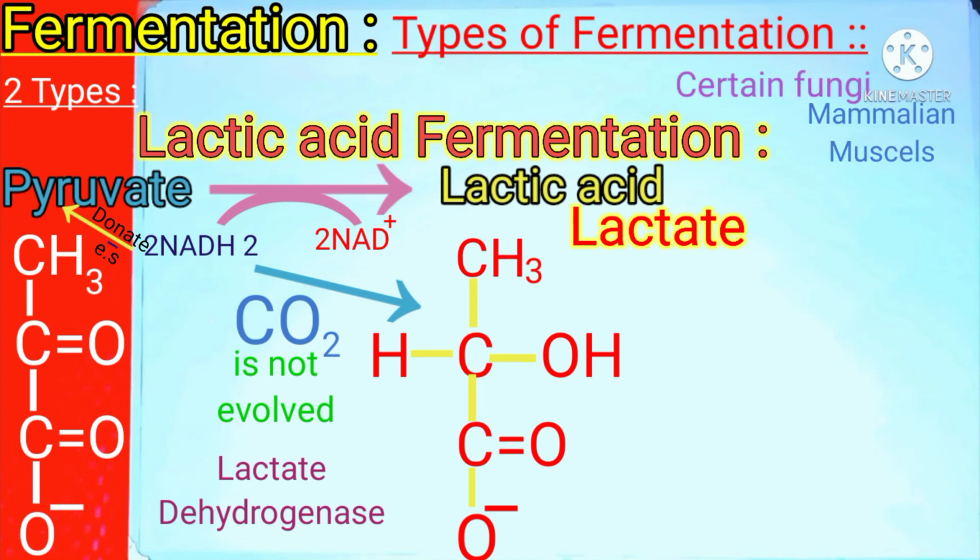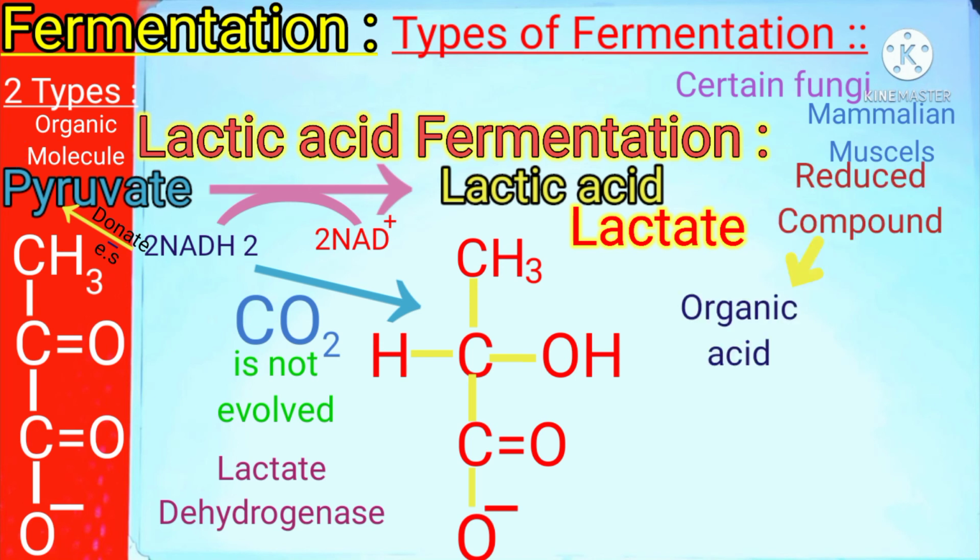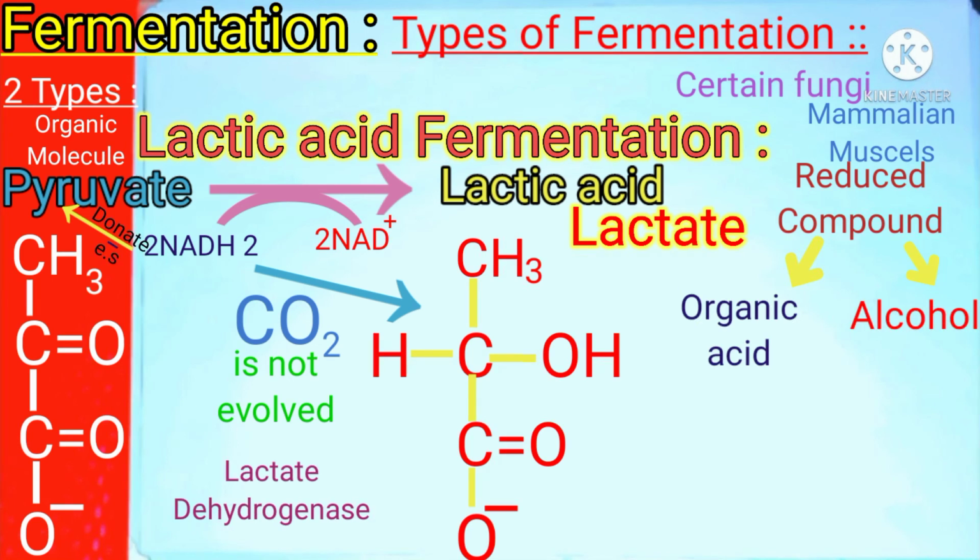I hope by studying this lecture you have completely understood that NADH generated during glycolysis transfers its hydrogen atoms to an organic molecule such as pyruvate, which is then converted to a reduced compound. This reduced compound can be an organic acid or an alcohol.